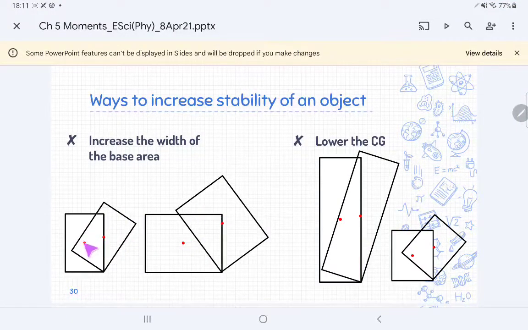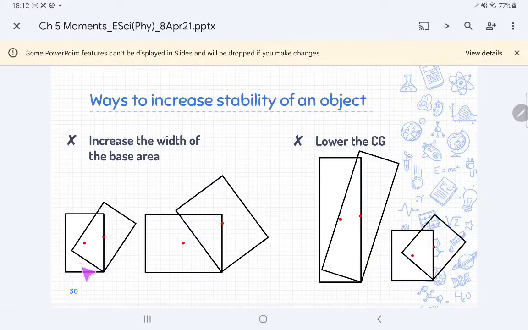Let's say these two objects have the same height of center of gravity, and the first one is the original width. When will it topple? It will topple when you tilt it until the center of gravity is just beyond the pivot. Any further, it will result in a clockwise moment which will cause it to topple over. Before that, it will still come back.